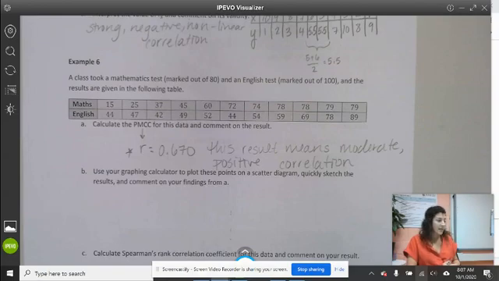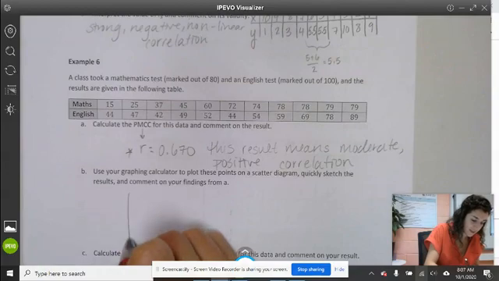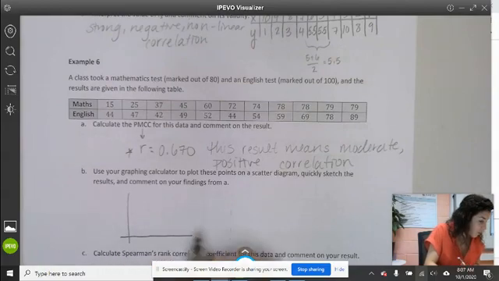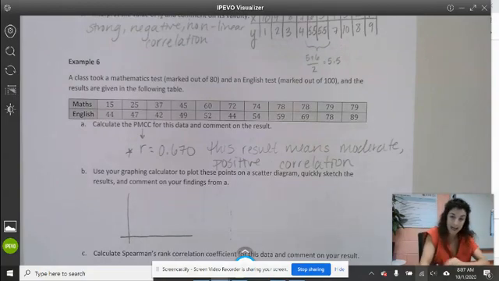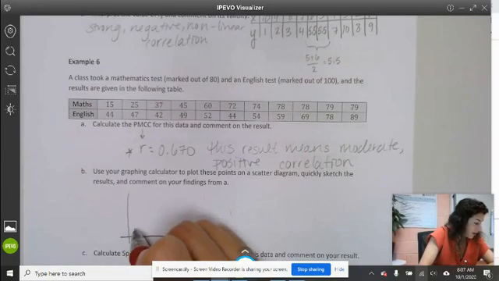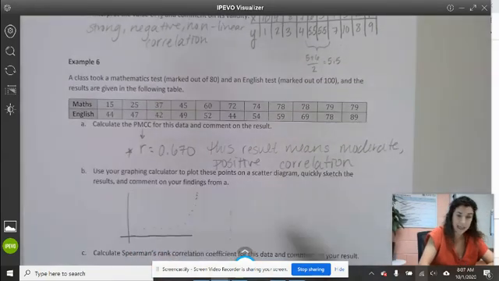Now I would like for you to take that data and plot it on a scatter plot. When looking at this scatter plot, you should have noticed that it is an exponential equation again. This time, though, we are talking about it going up like this.